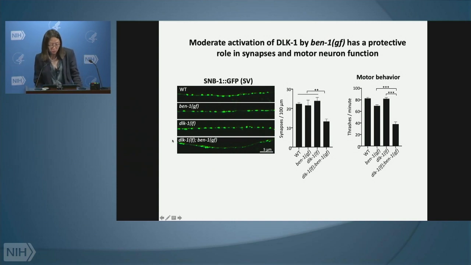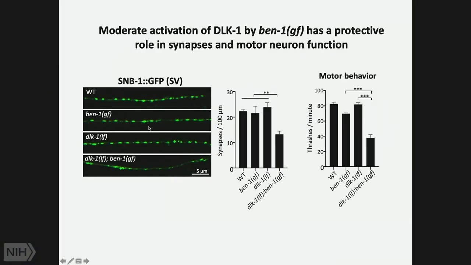This is shown by looking at the synaptic puncta: wild type, the BEN1 gain of function, and DLK loss of function all look fairly similar. But the reason we say DLK activated by BEN1 gain of function is protecting synapses is that when we take out DLK in the BEN1 gain of function mutants, the synapses get severely disrupted.